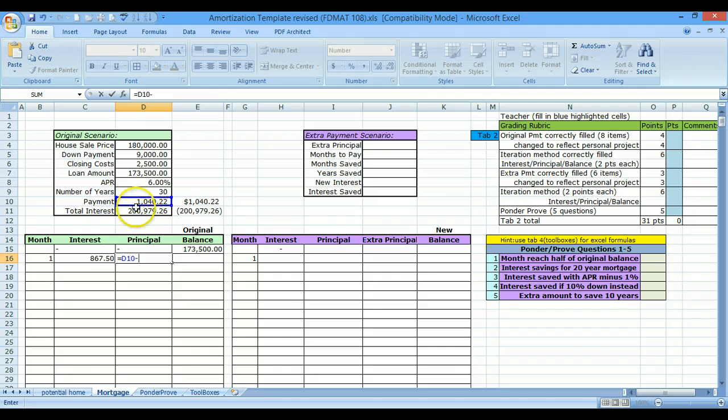So if I subtract what amount is going to interest, I get what goes towards the principal. And so my balance only changes by $172. So I need this to calculate equals, left click on the balance and subtract what money is going towards the principal of the loan, and only a little bit.